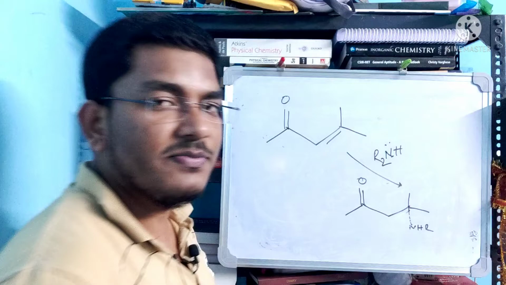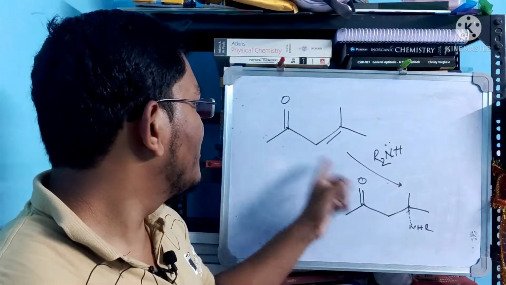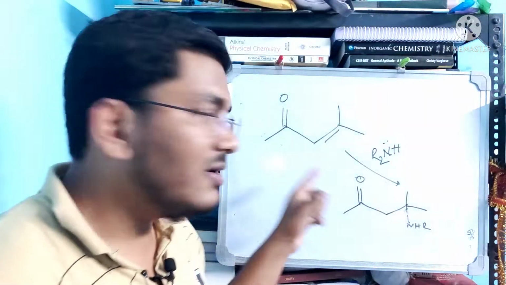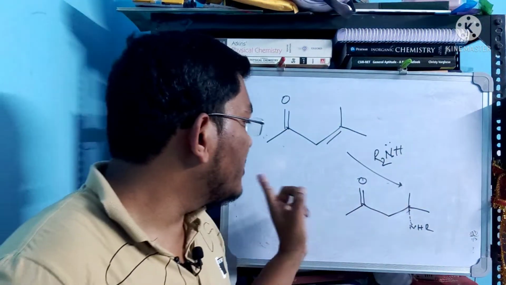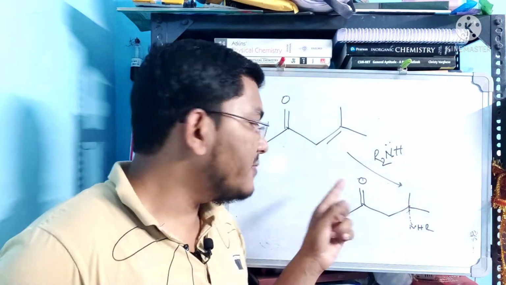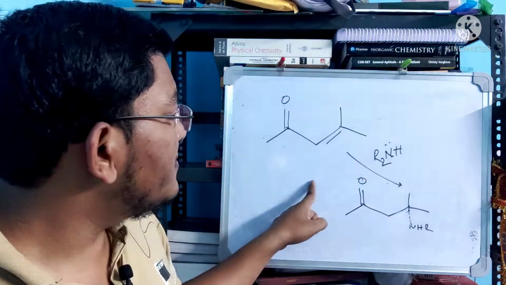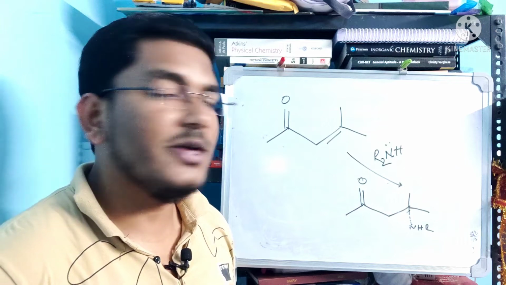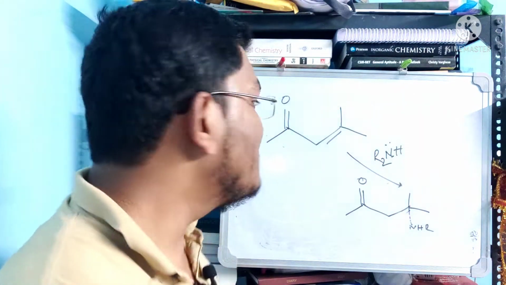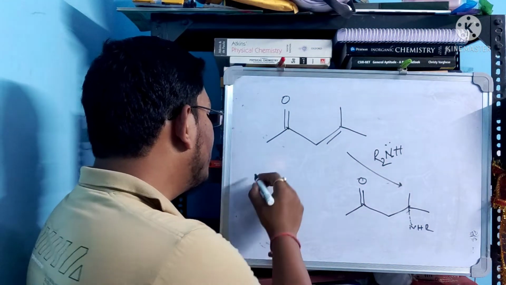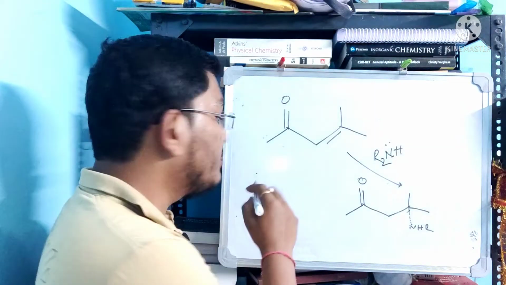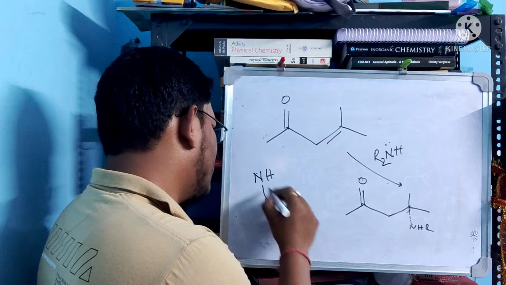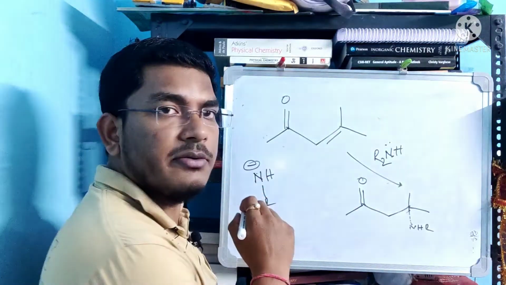Now you will say that in the previous question the same amine gives 1,2 product, and in this case it will give 1,4 product. Why? Okay, why? It's very simple. Look very carefully. In the previous case we used a base that gives us NHR anion.